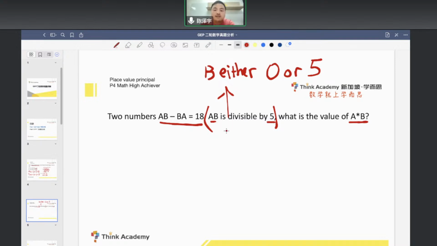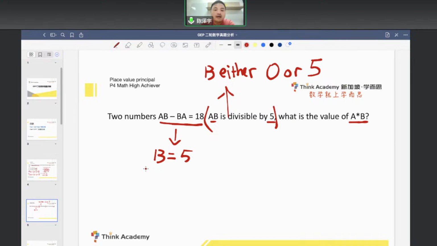The ones place, which is B, can be either 0 or 5. Now let me look back to the first part of the sentence. Two-digit number AB minus BA equals 18. If my B equals 0, then my BA cannot be anything. So B cannot be 0. Therefore, I know that B can only be equal to 5.